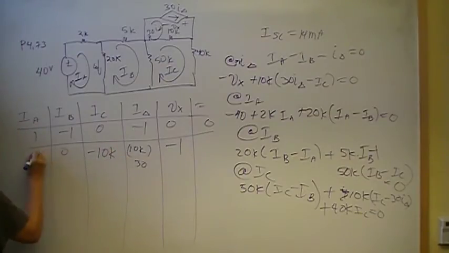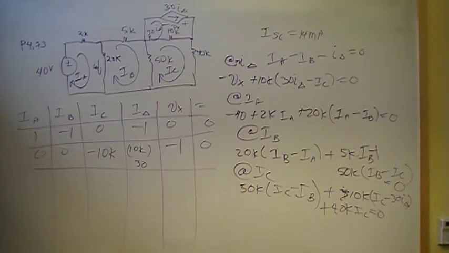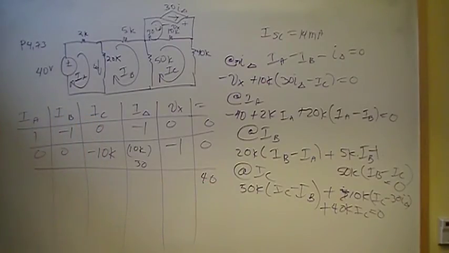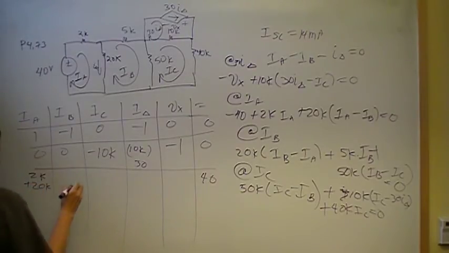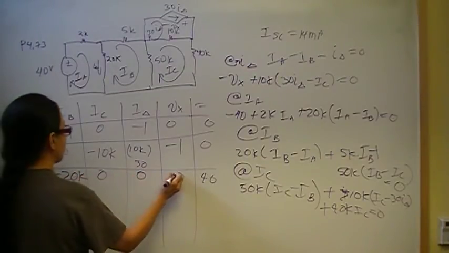And then zeros everywhere else. And then at IA, we have -40, which is going to be positive 40 on this side. And then we have 2K for IA, and 20K plus 20K for IA, and -20K for IB. Zeros everywhere else.